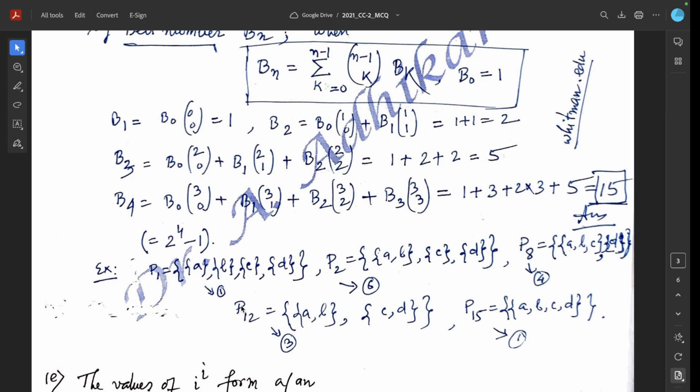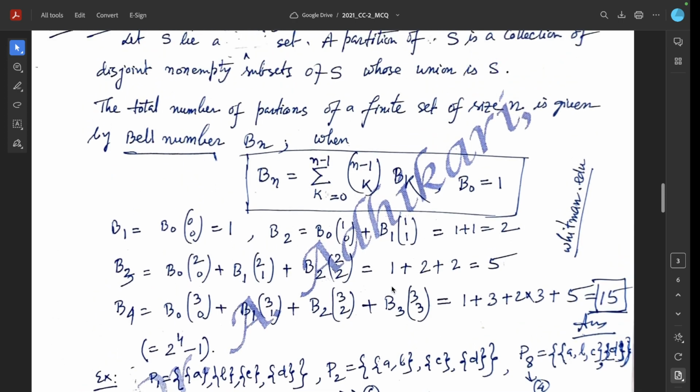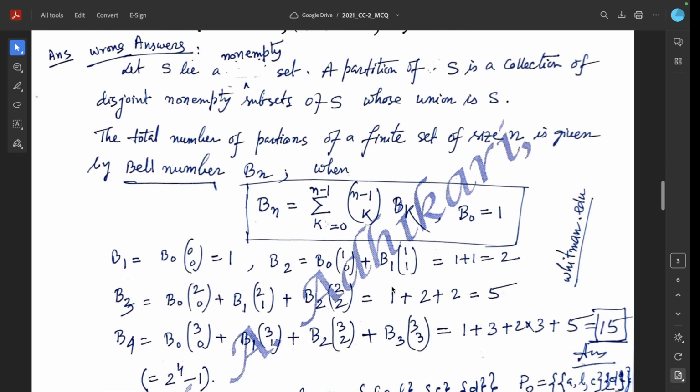And P12 is ab and cd, these 2 elements and these 2 elements, and this type of sets are 3. And P15 is all elements together, abcd, and this type of partition is 1. So we get 1 plus 6 plus 4 plus 3 plus 1, so we get 15 partitions here.